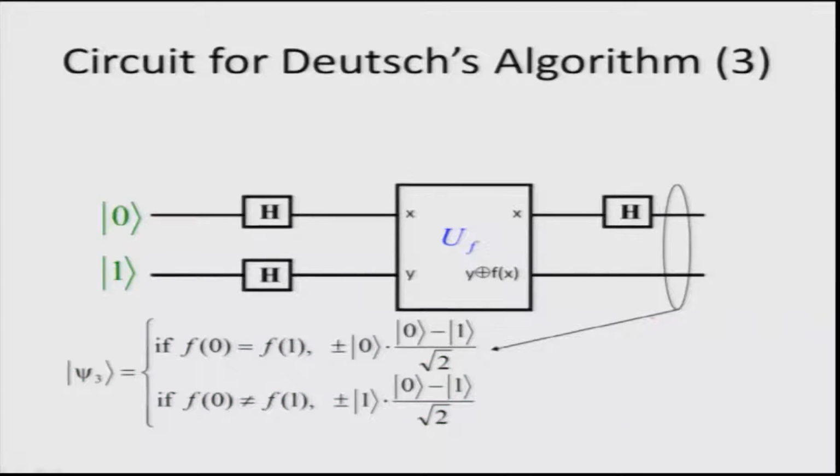And finally, after we have put them through the Hadamard transform on only one of the qubits, we will get the solution which will look like the wave function which has the 0 coming in first with the plus minus condition. There are two conditions here, one when f of 0 is equal to f of 1 and the other when it is not equal to it. So, correspondingly we get two results.